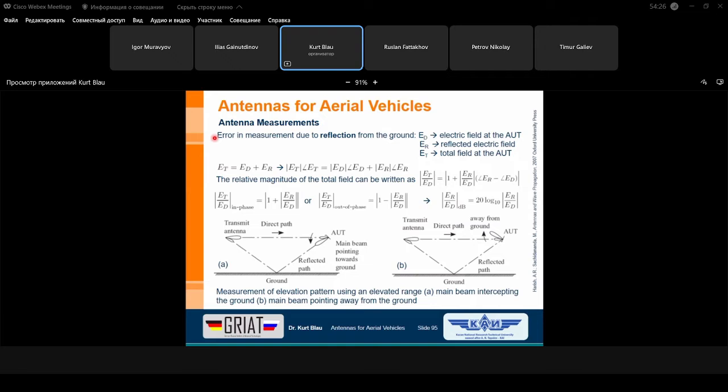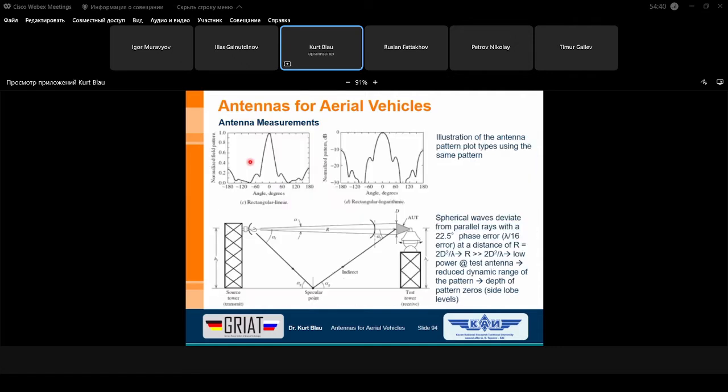How can we consider this measurement error caused by a reflection on the ground? Again, we have here our two antennas, the illumination antenna and the antenna under test, at this large distance R. How can we consider this measurement error by this reflection?